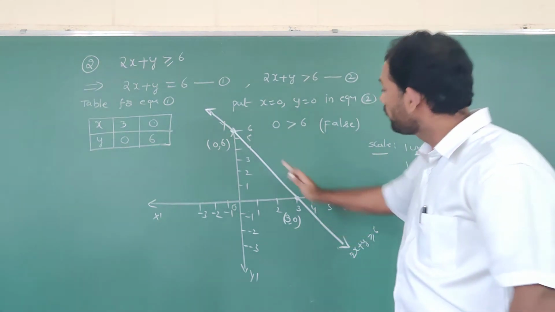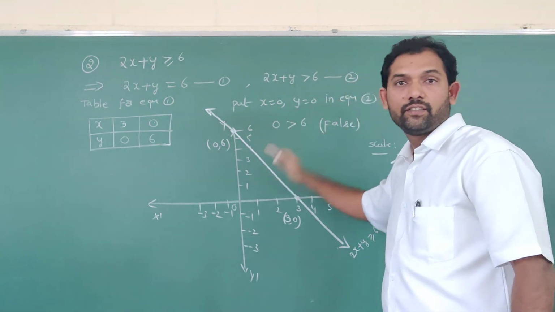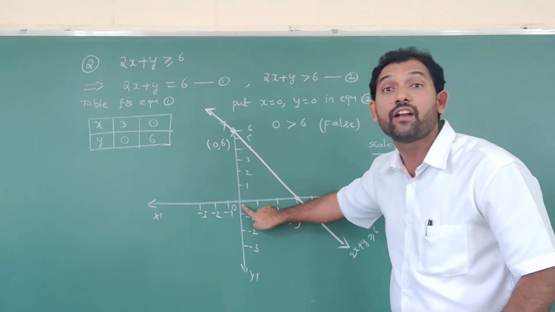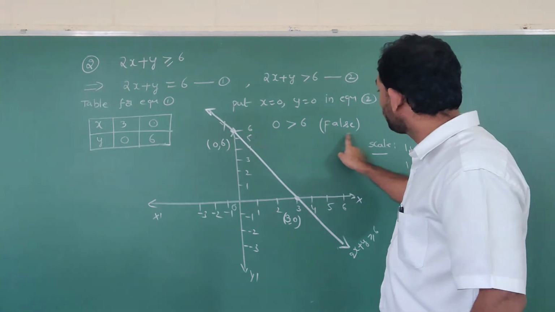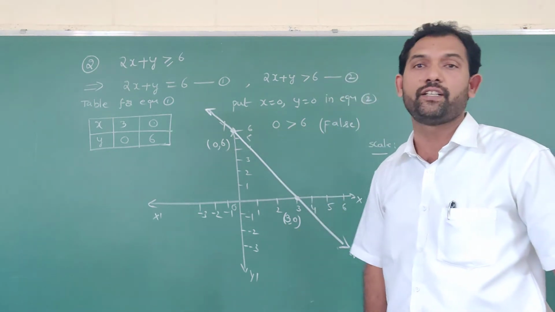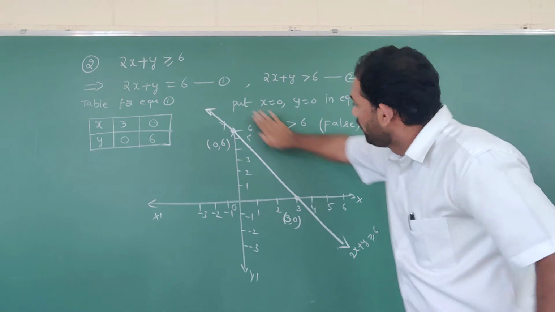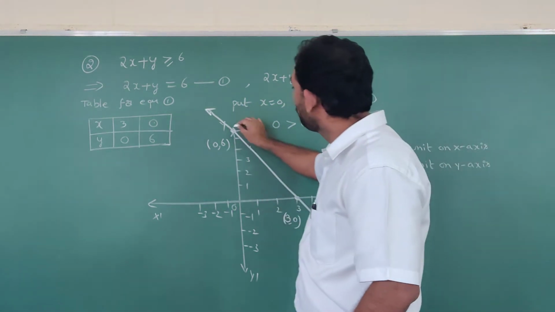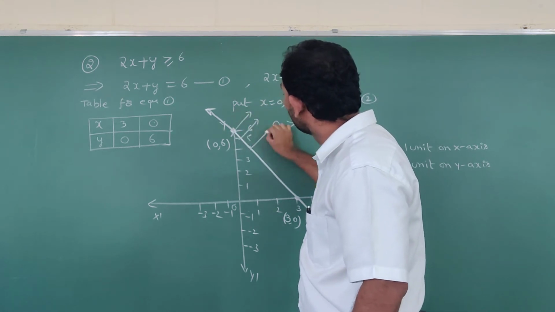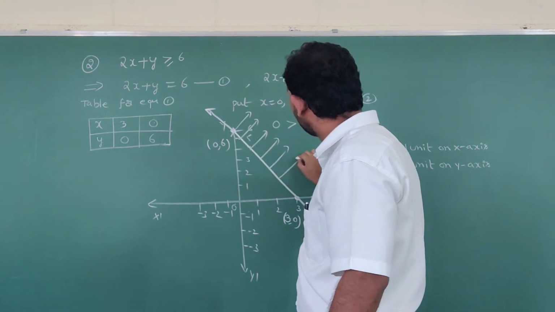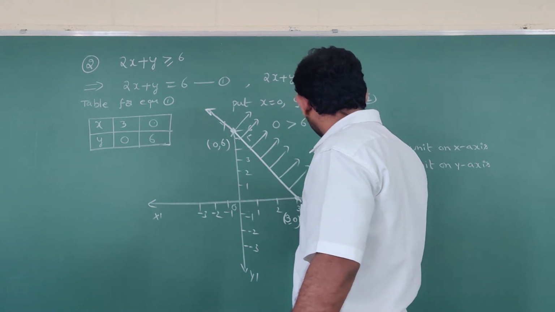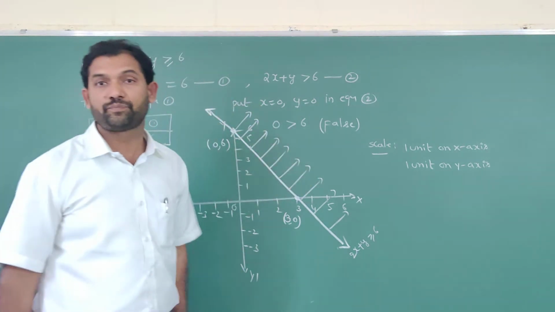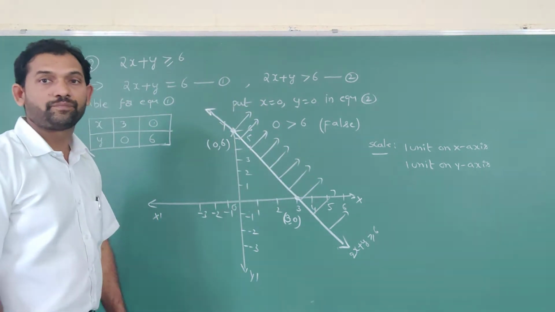False means you have to shift above the line. If it is true, the solution is on the origin side, below the line. Since it is false, your solution is above the line. So you have to put arrow marks on this side. The solution is here.